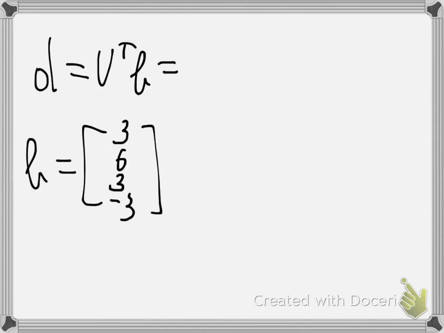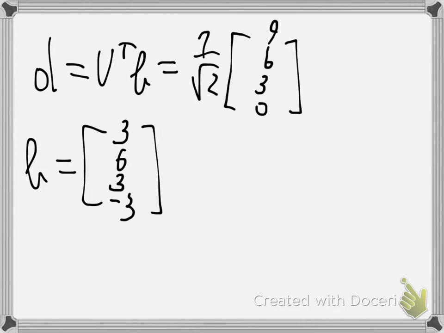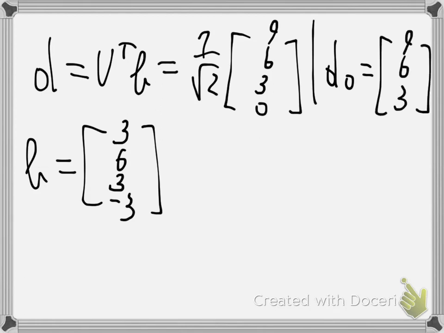So if you calculate that, you get 1 over square root of 2 times 9, 6, 3, 0. And so D0 will be 9, 6, and 3. You only take the rows where there is at least one non-zero element.